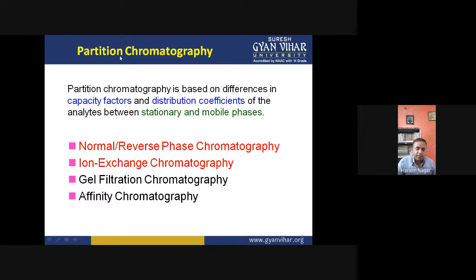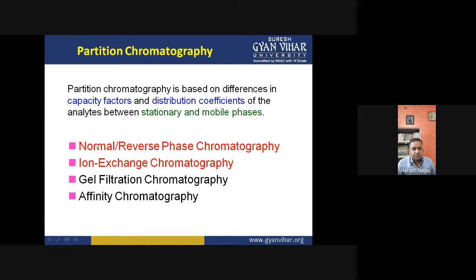Actually, the liquid-liquid, liquid-solid, gas-liquid, and gas-solid chromatographic methods are all placed in the category of partition chromatography, because in all these methods there is a distribution or partition of the component between the stationary and mobile phase, right?